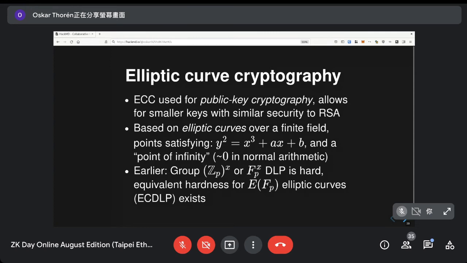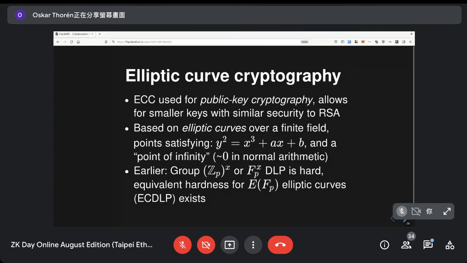Previously, we had this multiplicative group of integers modulo some prime, or over some finite field modulo p more generally.